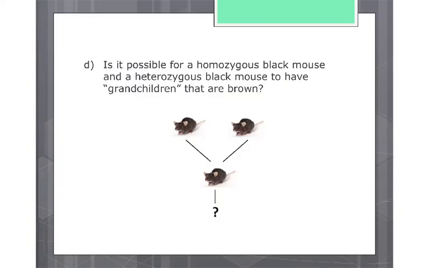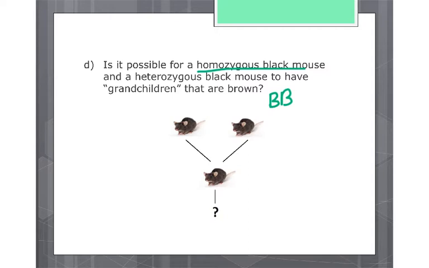Okay, part D. Is it possible for a homozygous black mouse and a heterozygous black mouse to have grandchildren that are brown? So that is looking at 2 generations away. So let's look here. If I have a homozygous black mouse, I know it needs to have 2 big B's.